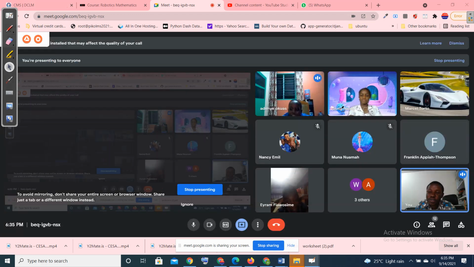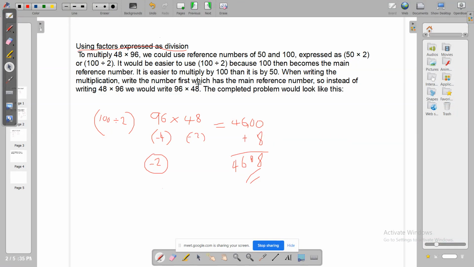So I'm showing my screen. Okay, read. Using factors expressed as division. To multiply 48 times 96, we could use reference numbers of 50 and express as bracket 50 times 2 or 100 divided by 2. It would be easier to use 100 divided by 2 because then comes the main reference number.